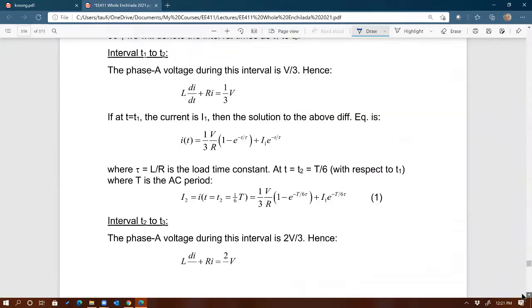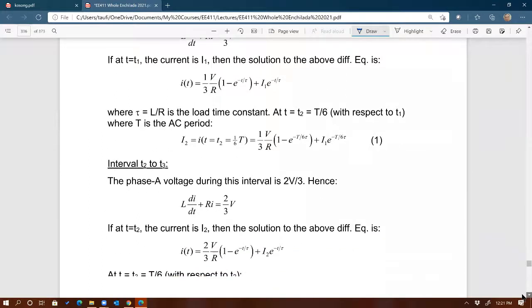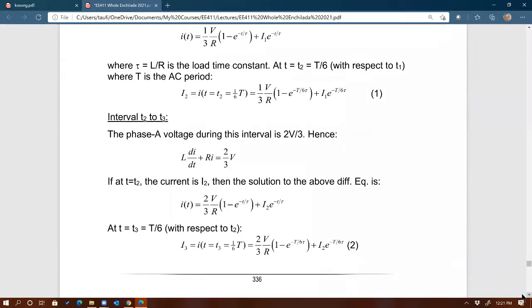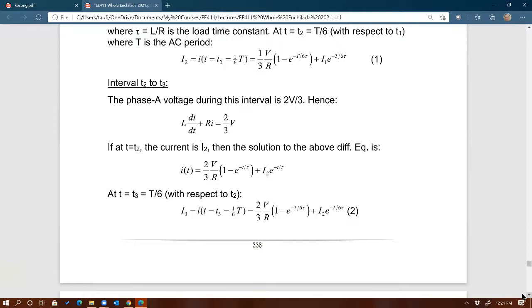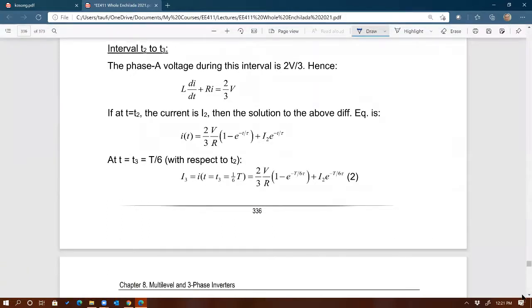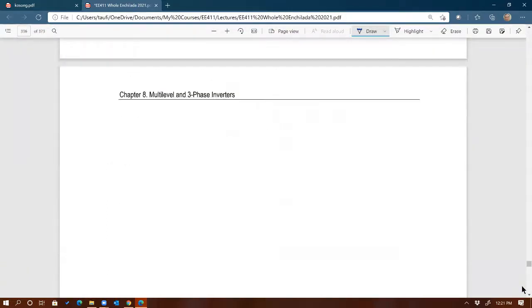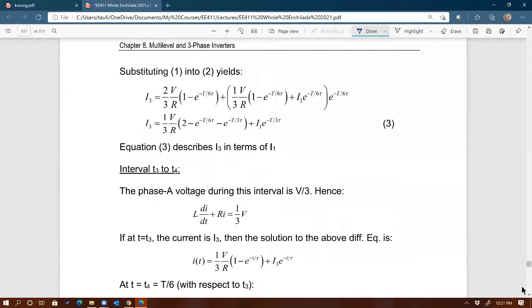Where is it? Right here. So this is the derivation. You're not responsible for covering this for the final, okay? But this is there for your reference, so that you could derive the output current equation if you like, and it's not that bad actually.